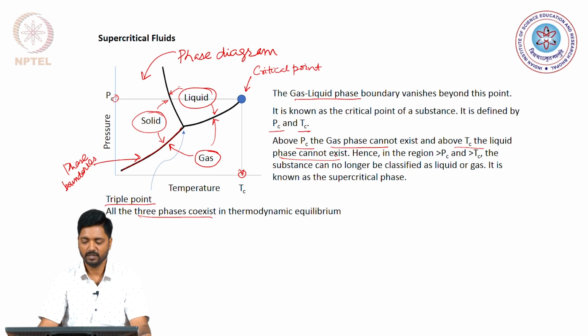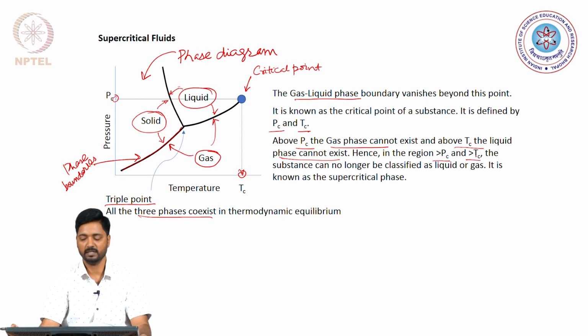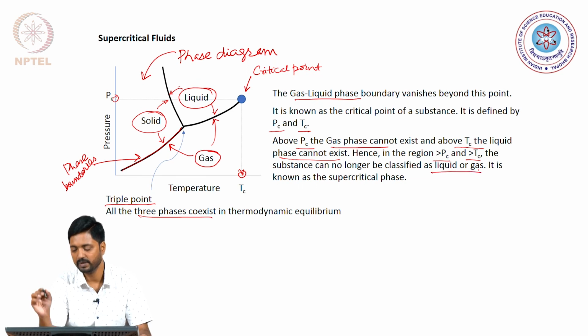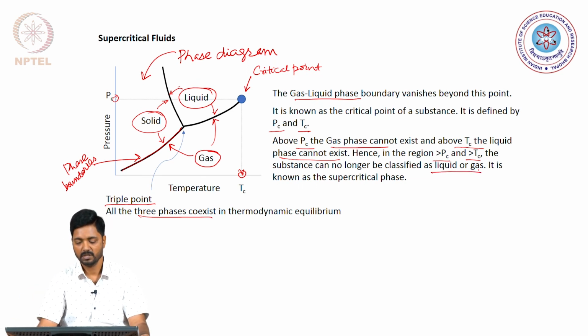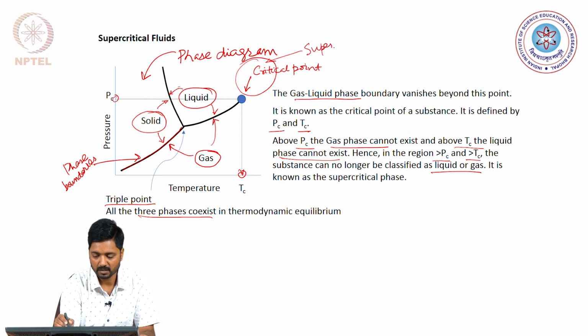So, obviously, the phase that results in this region of pressure greater than critical pressure and temperatures greater than critical temperatures cannot be classified as either liquid or gas regimes, and this phase, which will be the region here, will be known as the supercritical phase region.